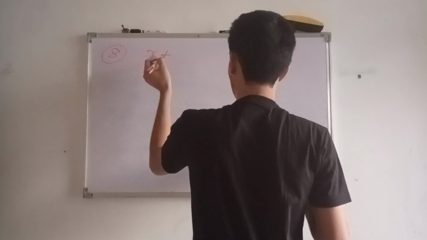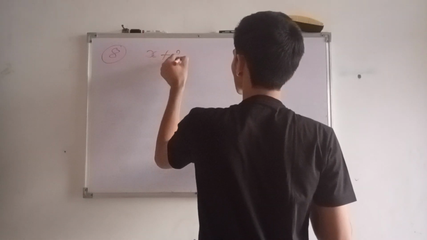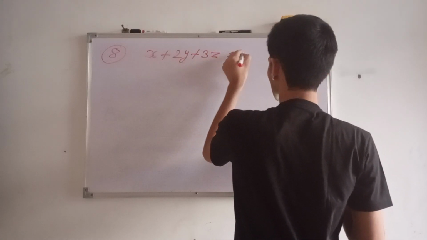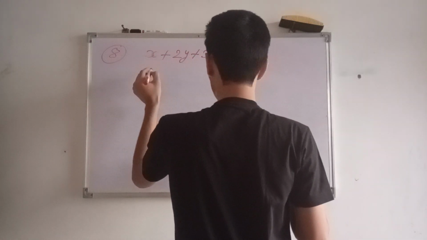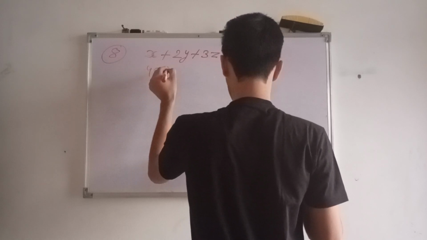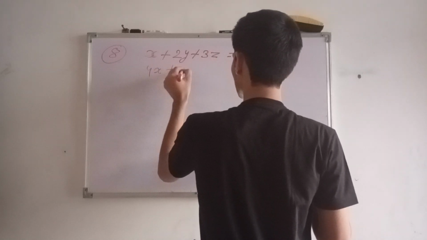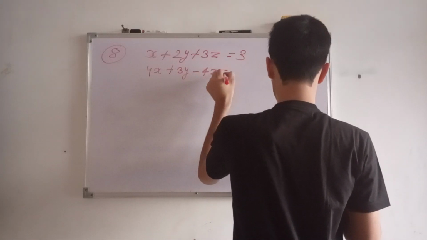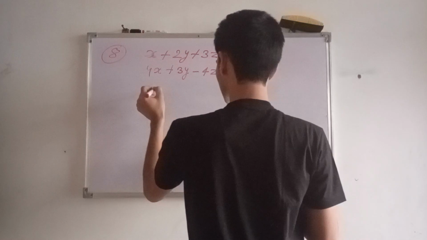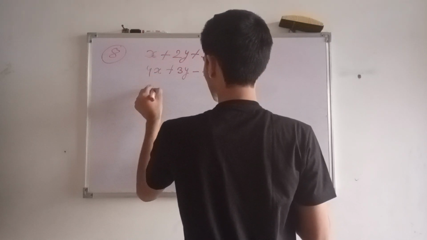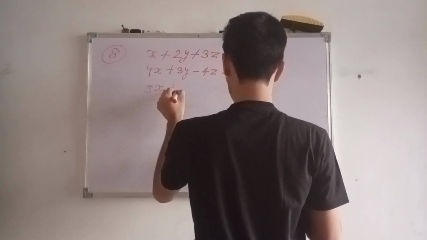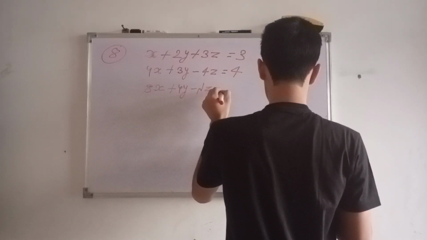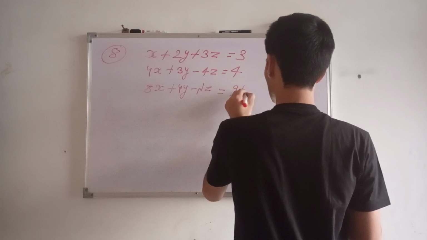Okay, this is plus 3z equals 3. 4x plus 3y minus 4z is equal to 4. 8x plus 4y minus lambda z is equal to something.